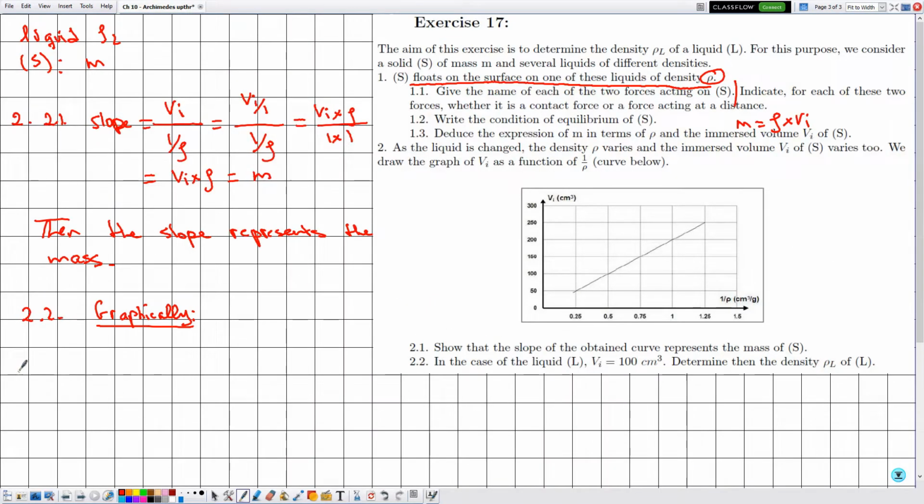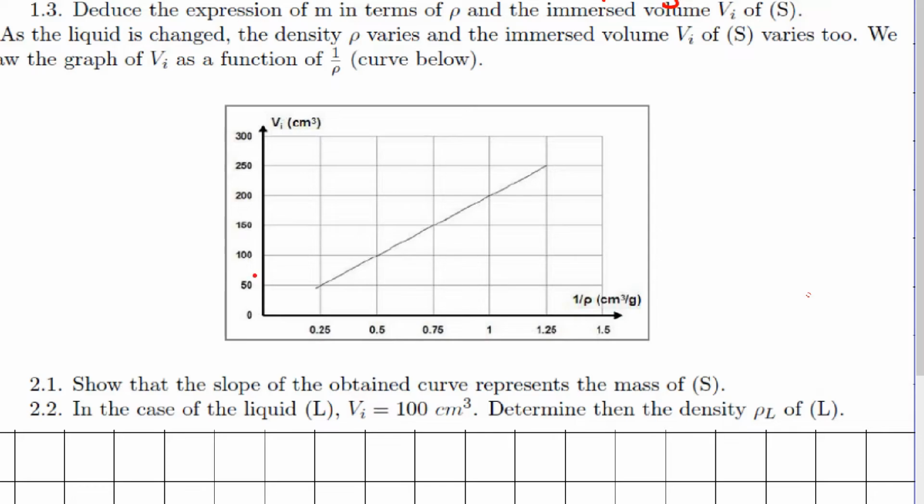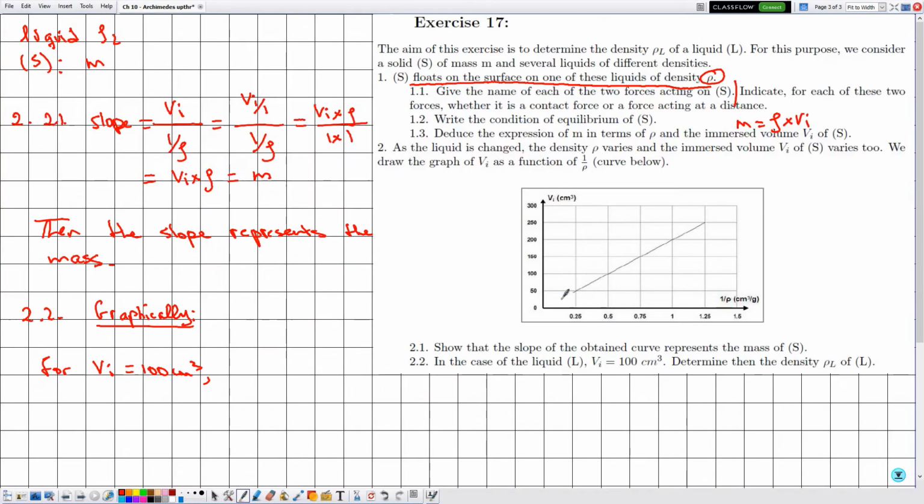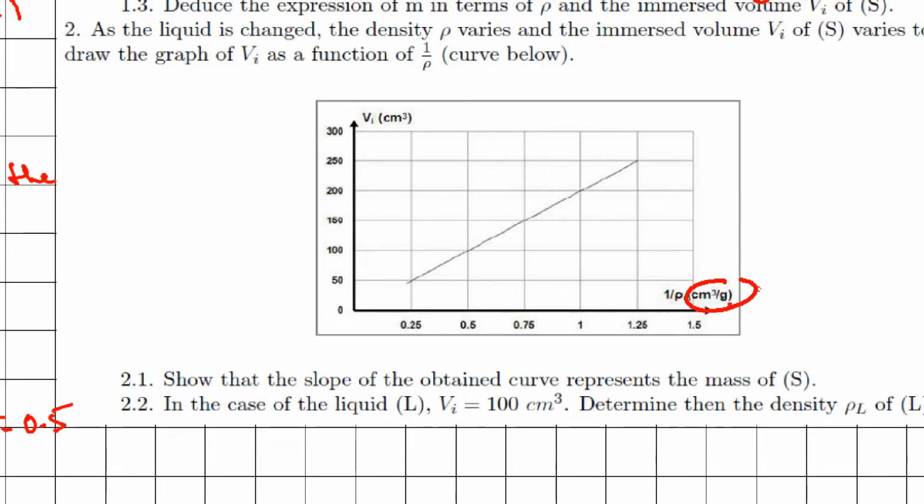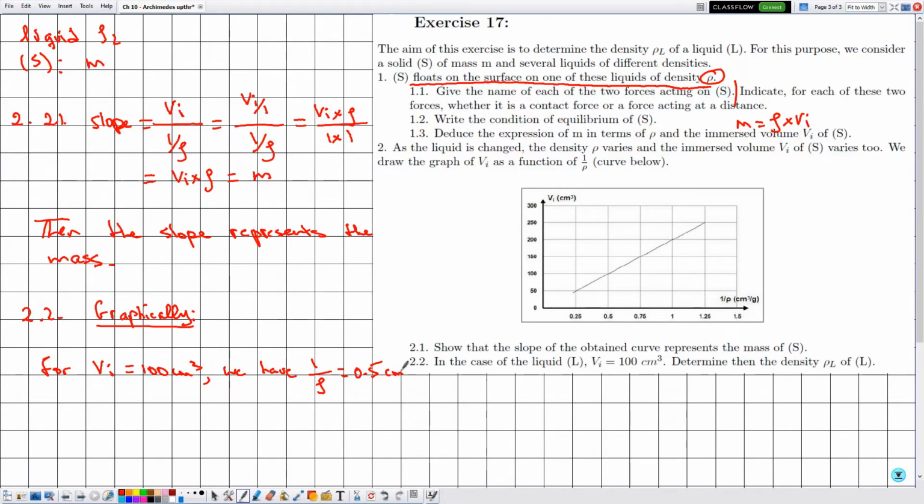So for Vi equal to 100 centimeter cube, which corresponds to this point of the curve, the value of 1 over rho is 0.5. So 1 over rho is equal to 0.5. The unit of 1 over rho is centimeter cube per gram.